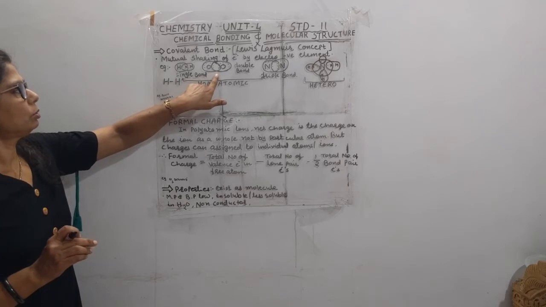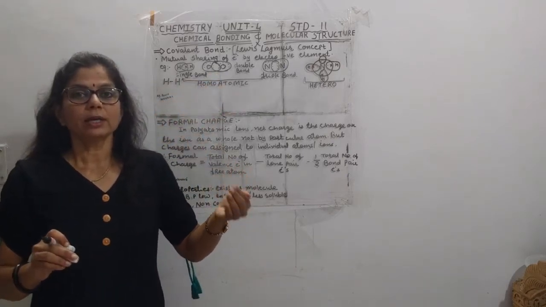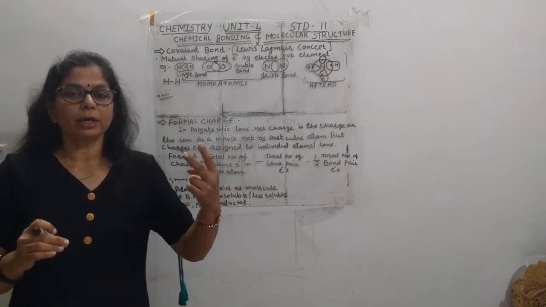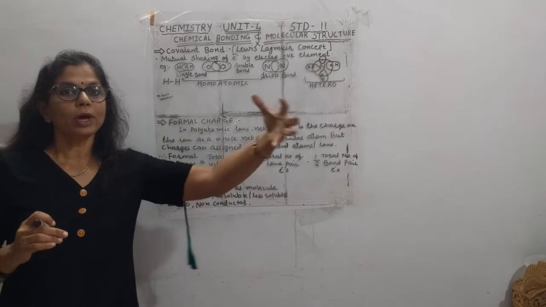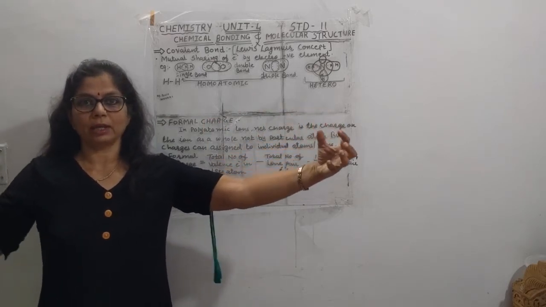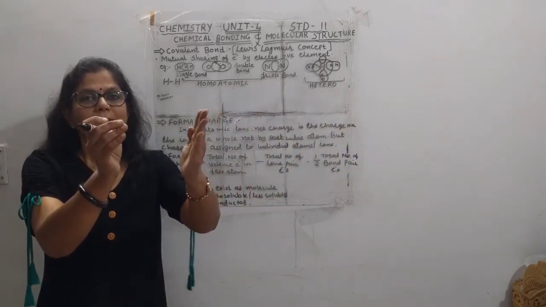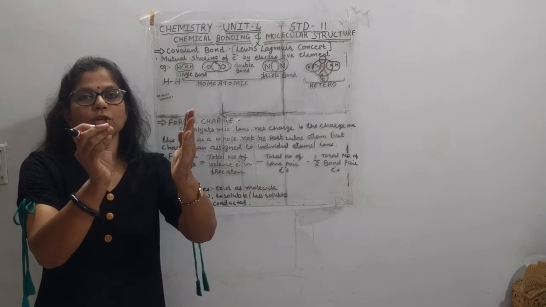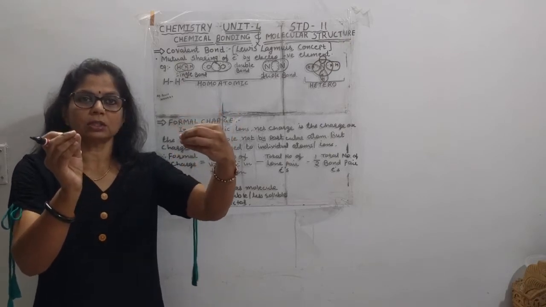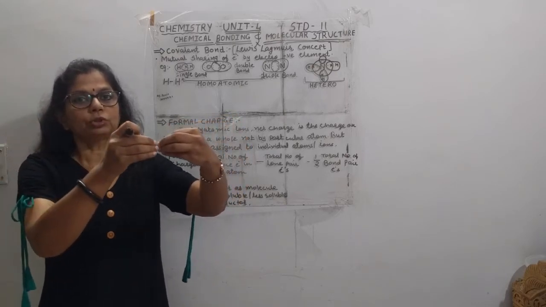This is shown by putting a dash between the two atoms that have shared their electrons. If we talk about oxygen, as you know, oxygen has 6 valence electrons. Oxygen requires 2 electrons. So one O atom comes from this side and another O atom comes from this side. Both O atoms try to share mutually among themselves. So 2 electrons of this oxygen atom and 2 electrons of this oxygen atom combine.